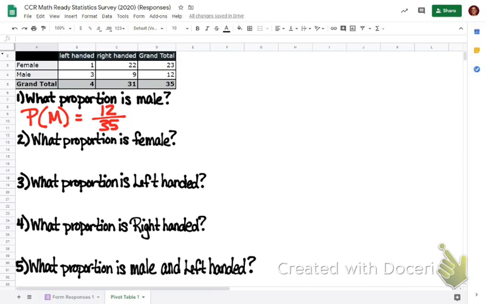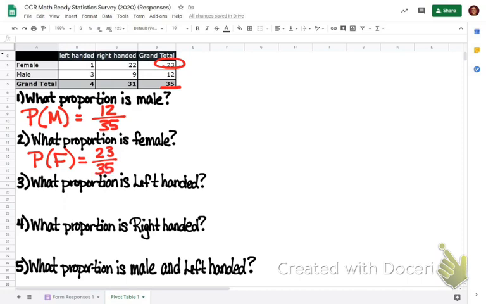And then I want to answer the same question, but I want to know now what proportion is female. So I'm going to use a capital P again for probability or proportion. And I'm going to use the shorthand of F for female. We had 23 females complete the survey out of 35 people total. And so I have 23 out of 35.